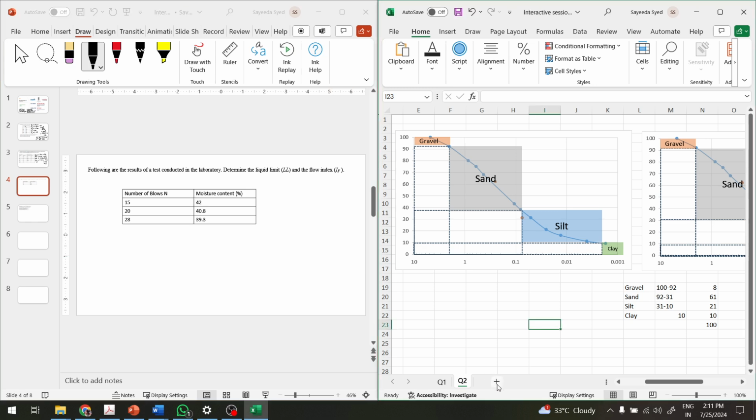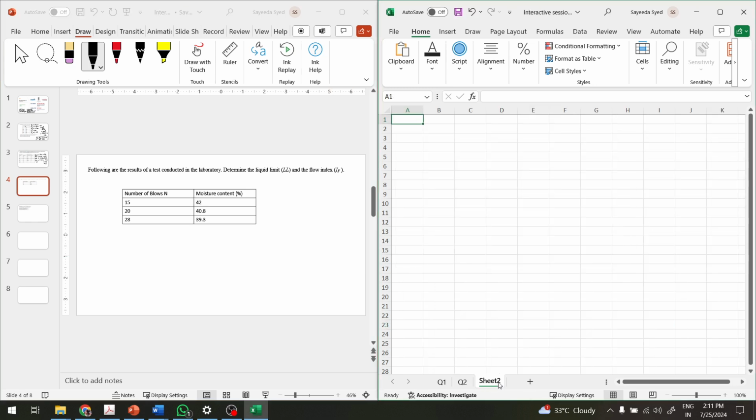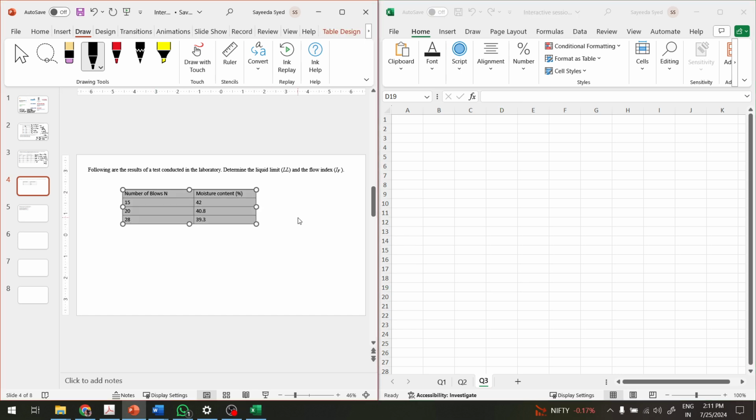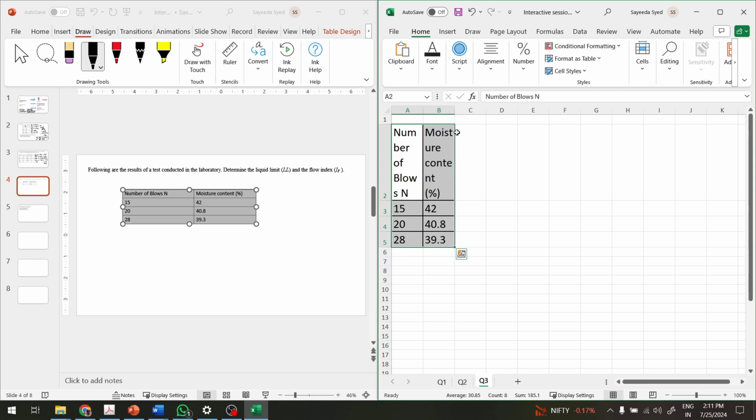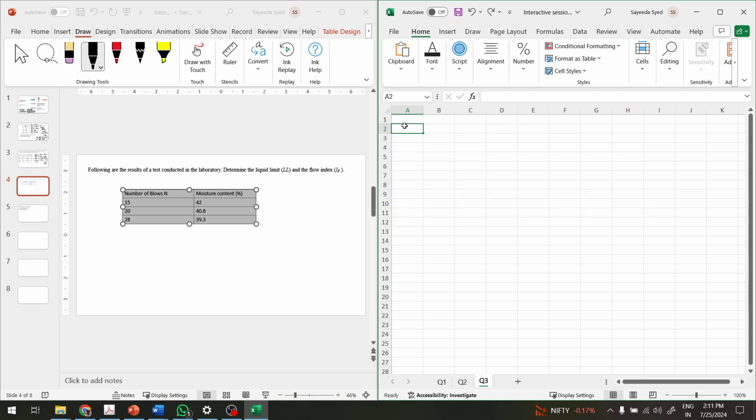So let's do one thing. Let's take another sheet for question 3 and let's take these values. So for liquid limit, what we do is on a semi-log graph paper, we plot the moisture content versus the number of blows.